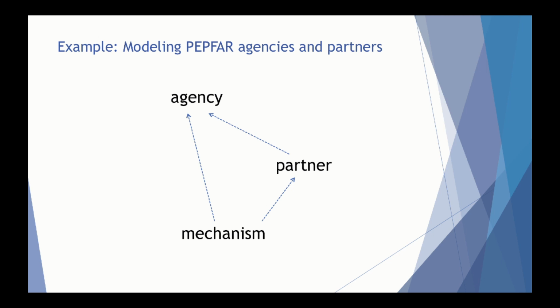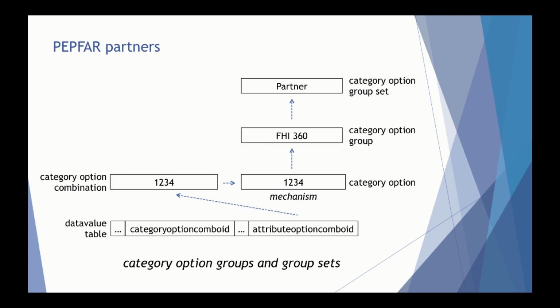On the other hand, there's some supervision relationship from the agency to the partner, so they're not equals. But how do we model agencies, partners, and mechanisms in PEPFAR? This is actually how the attribute option combinations or the data set dimensions got started in the first place. So in the PEPFAR implementation, we have a category option group for each partner that works for PEPFAR. And the category options, indeed the category option combinations, because this is the one dimension case where we use a combination to specify a single option.